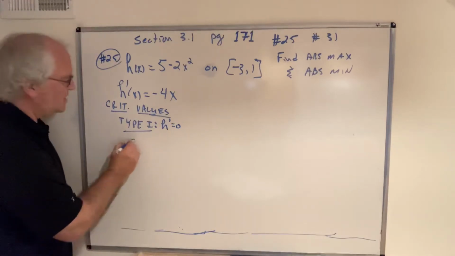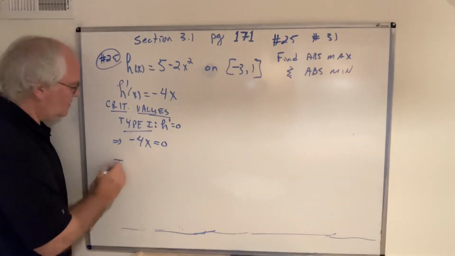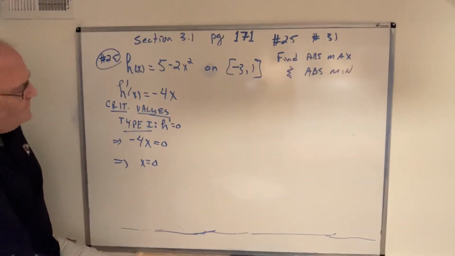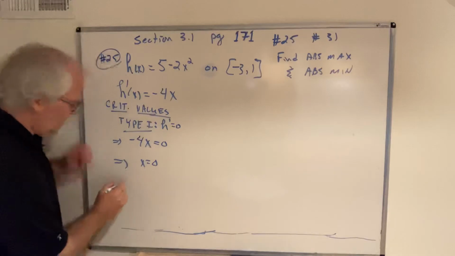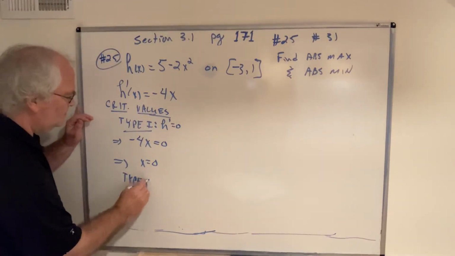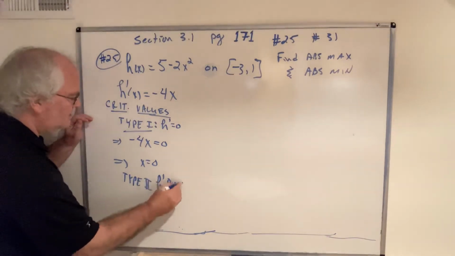And so we set -4x equal to 0, which gives us x is equal to 0. So that's the type 1 critical value. Type 2 critical value is where the derivative does not exist.